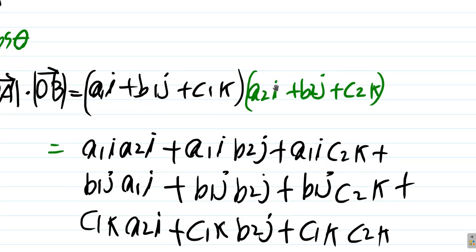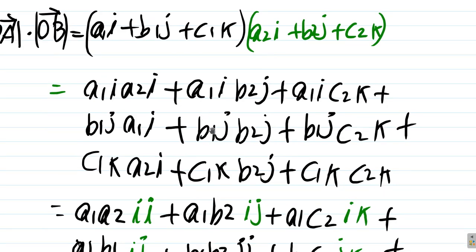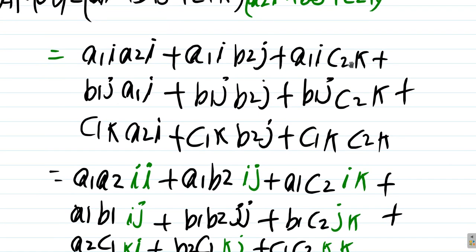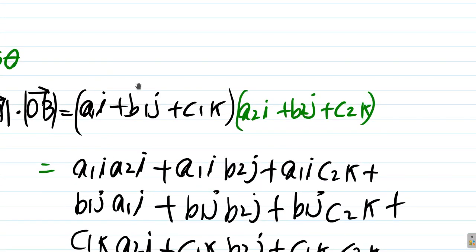After that B1 A2, so I have A1, just checking something, A1 A2 II plus A1 B2 IJ plus A1 C2 plus B1 A2.